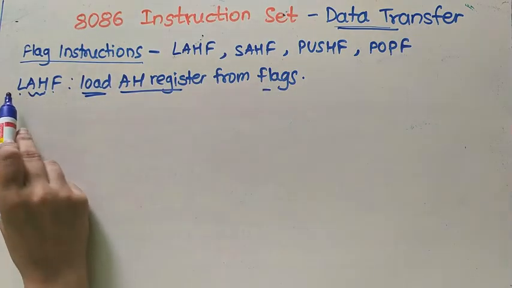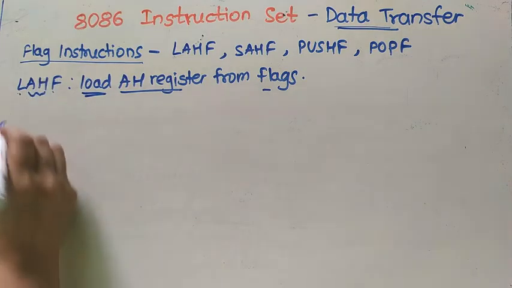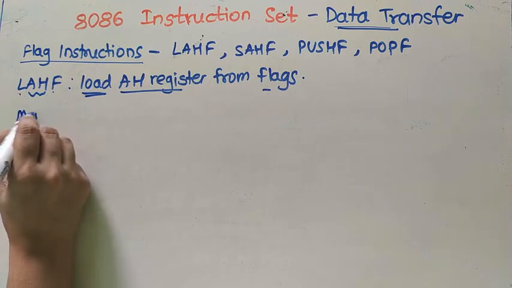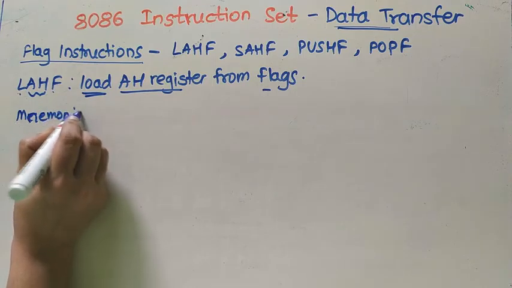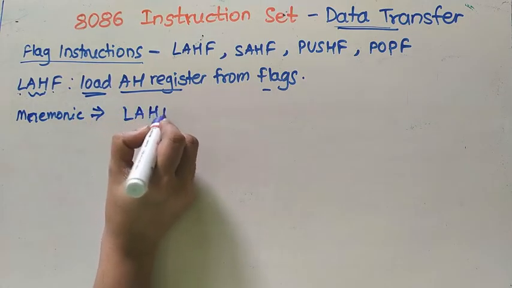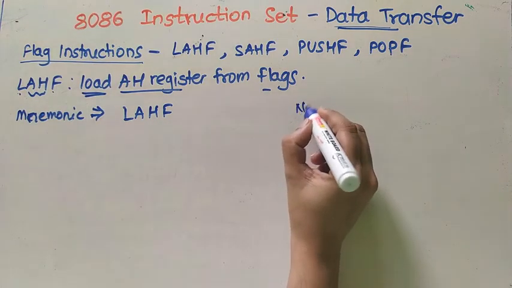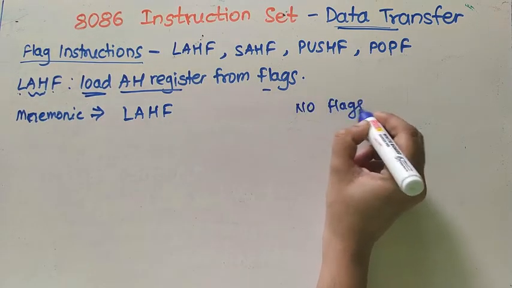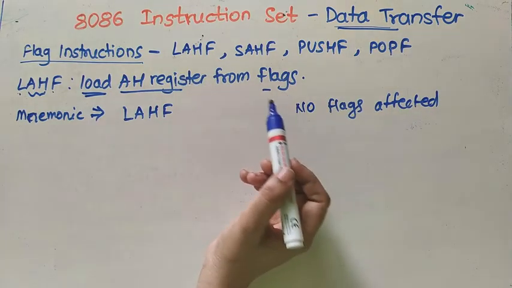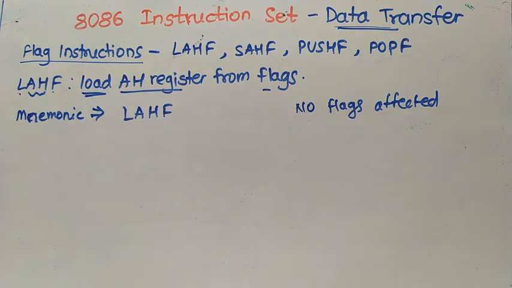So load AH register from flags. The mnemonic, that means syntax for this instruction, is LAHF only. So here no flags are affected because we are only copying or loading the flag contents into the AH register.